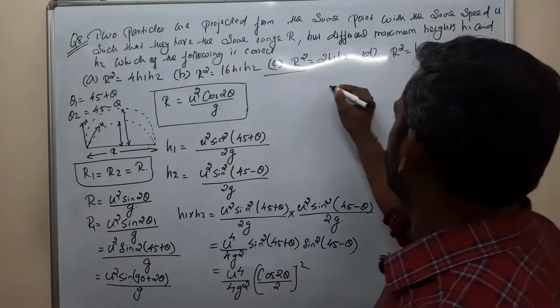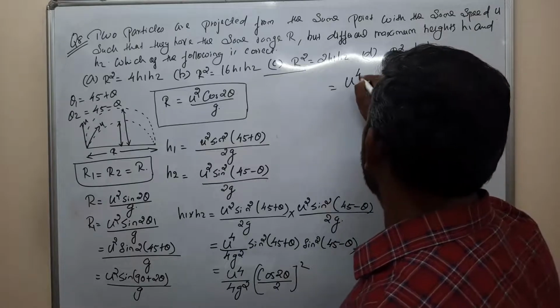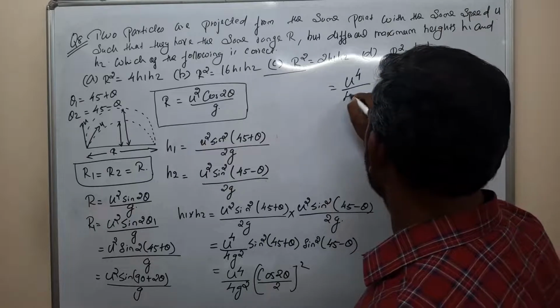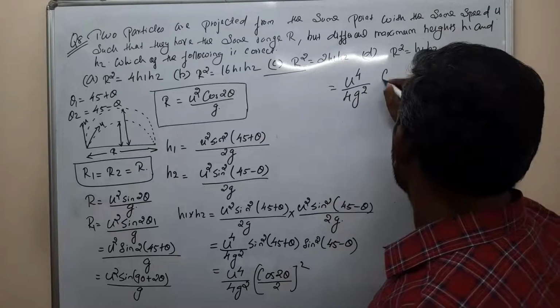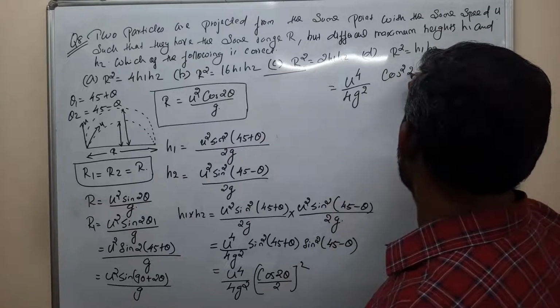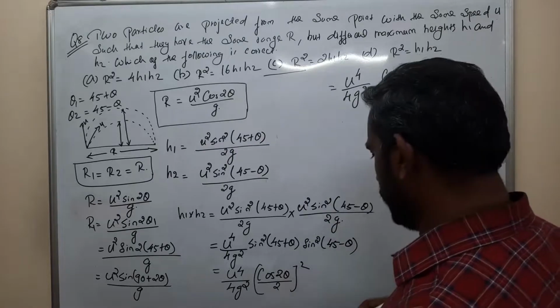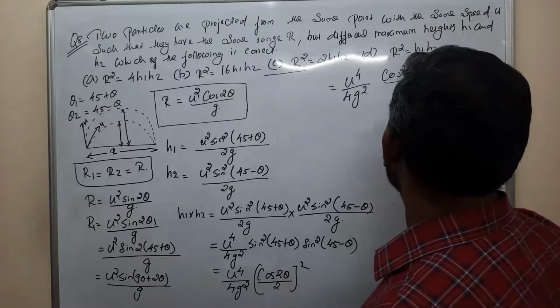So that's equal to u⁴ divided by 4g² times cos² 2θ divided by 2², that is 4.